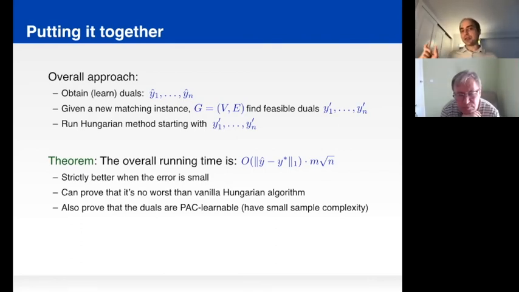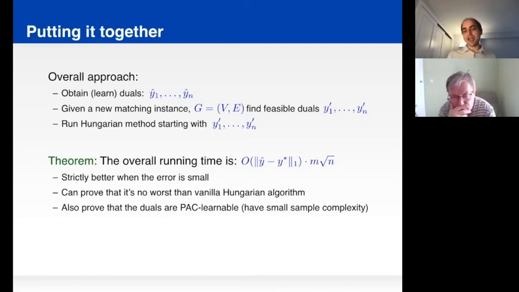And now the number of times that I need to do this is the L1 difference between the predicted duals that I had, the original predictions, and the optimum duals for this particular instance. And so we get back to this nice category that says the better the prediction, the faster this is going to run. And what's not shown here, but you can sort of say, like, the worse the prediction, because the projection step is linear time, and afterwards you're, at worst case, you're left with duals of size 0, you're never worse than the vanilla Hungarian, right?